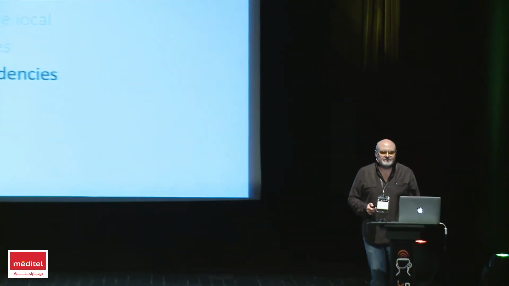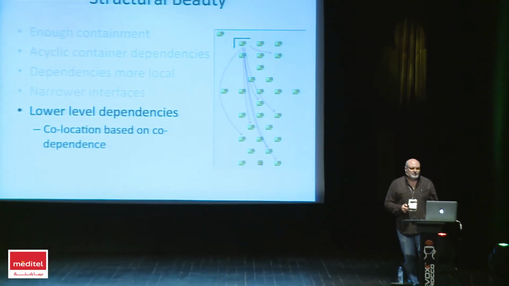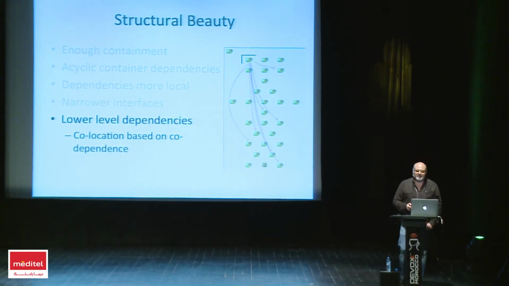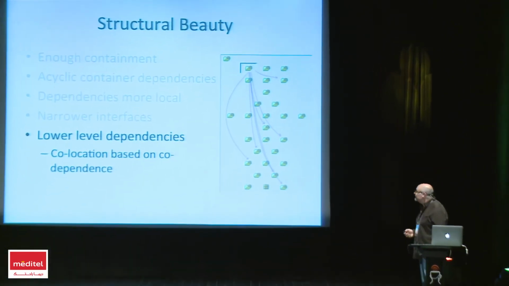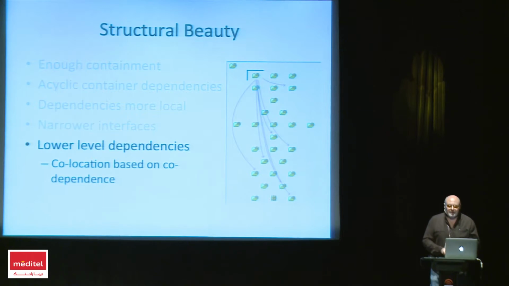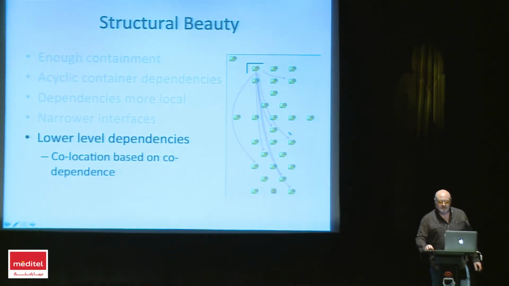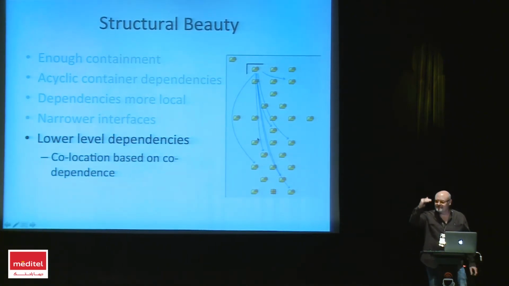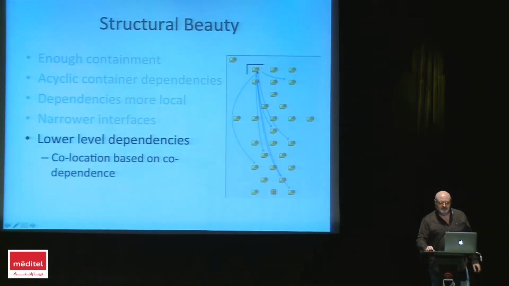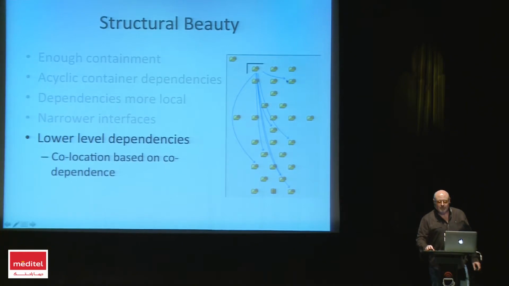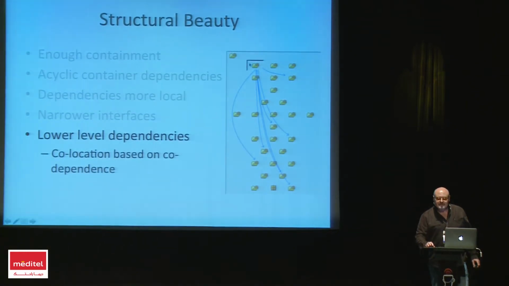Lower level dependencies. Co-location based on codependence. If you see that package at the top there, most of its dependencies are down here, somewhere near the middle of this levelized dependency graph. But there's one dependency way up here, and that's holding this whole package up.